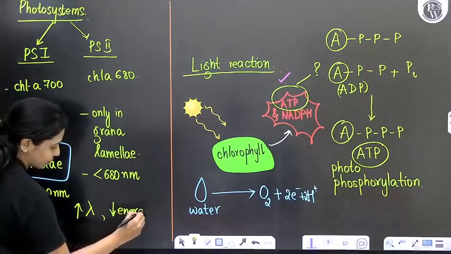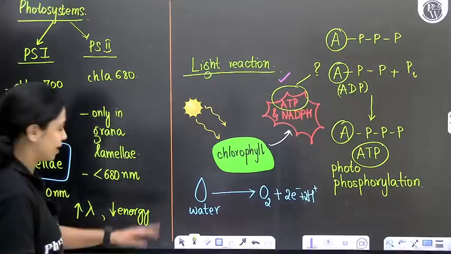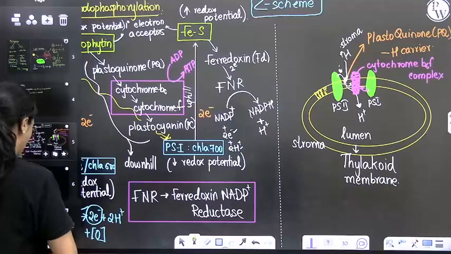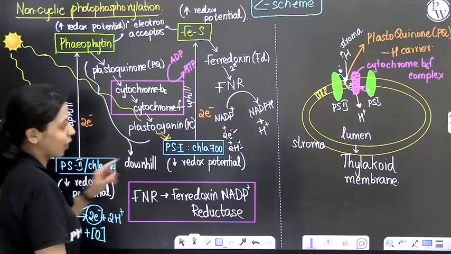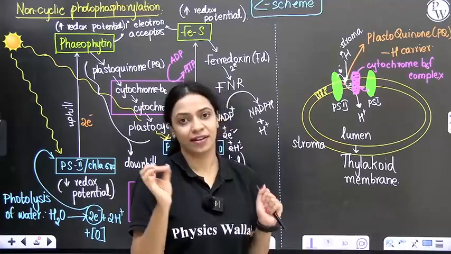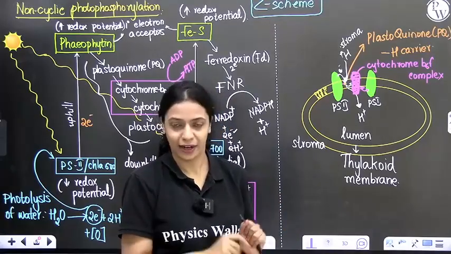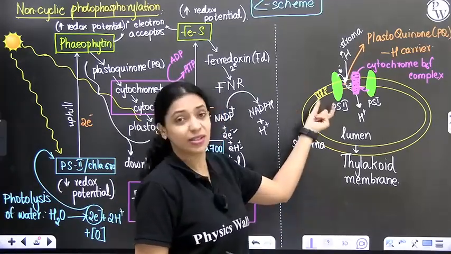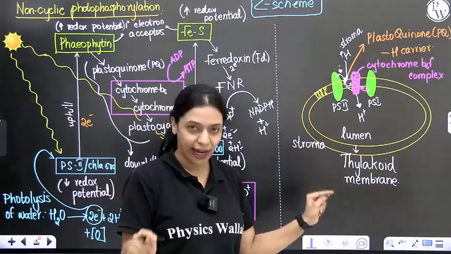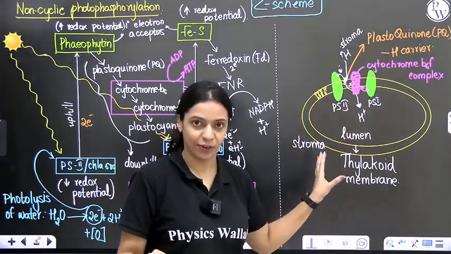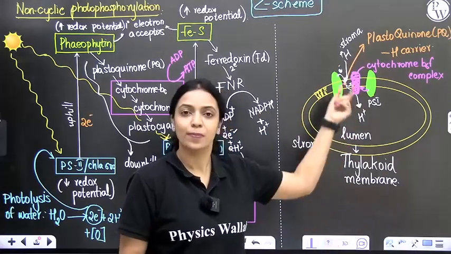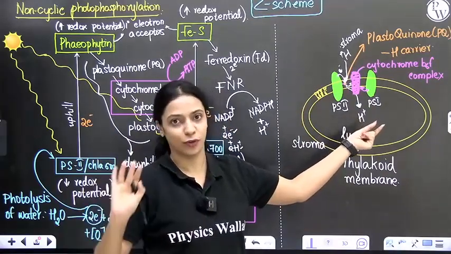Now imagine there is a chloroplast that has both PS2 and PS1 in the thylakoid membrane. If I'm illuminating this with just 700 nanometer wavelength light, even though PS2 is there, PS2 cannot absorb it, PS2 cannot function. Even in that case, only PS1 will be functional. In that case, in the thylakoid membrane itself, PS1 can undergo cyclic photophosphorylation.